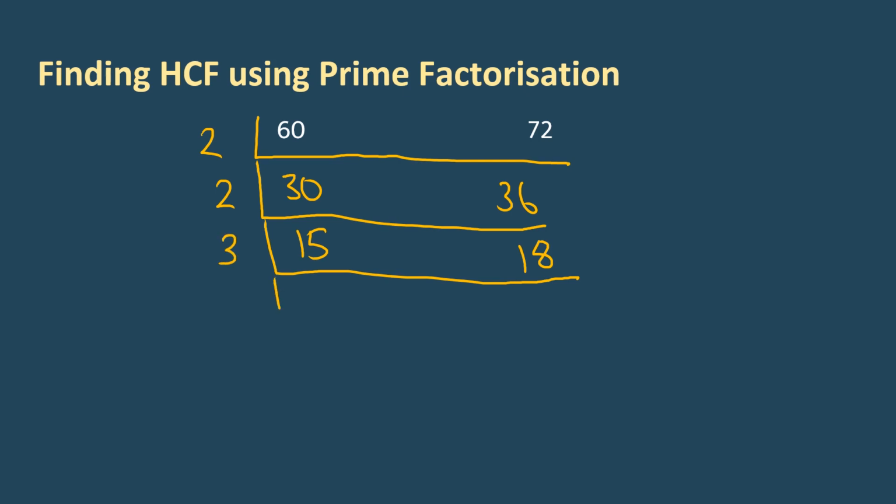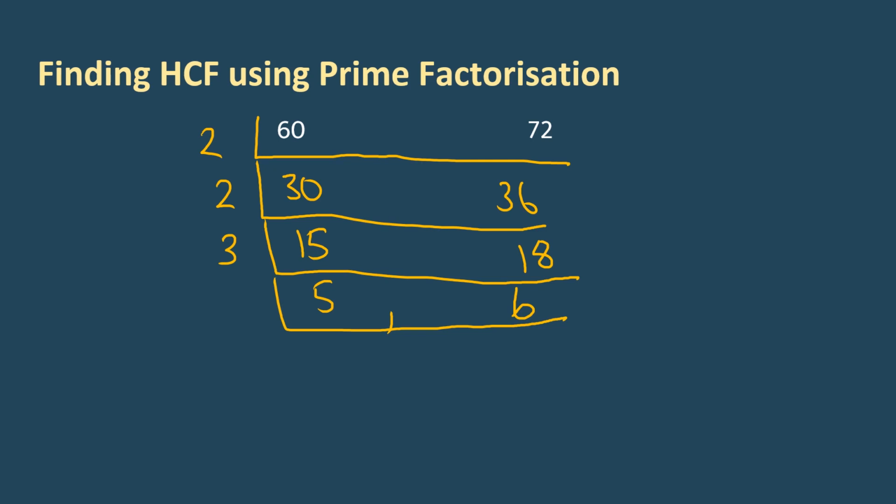At this point, we get 5 and 6. Can 5 divide by 3? We can't. Can 6 divide by 3? We can. Since at this step we can no longer divide both numbers by the same prime number, because 5 can only divide by 5 and 6 can be divided by 2 and 3, we stop.